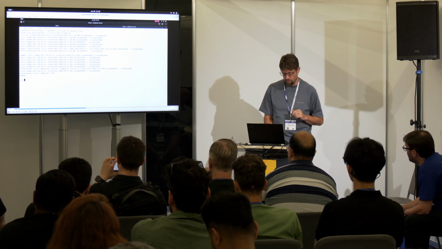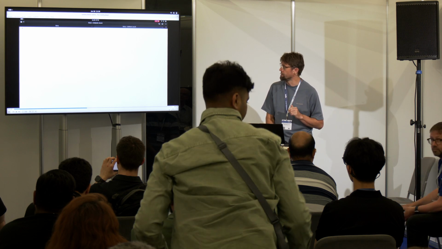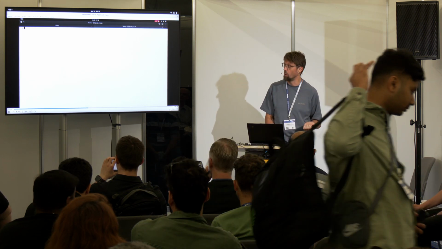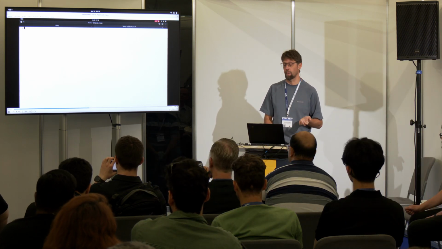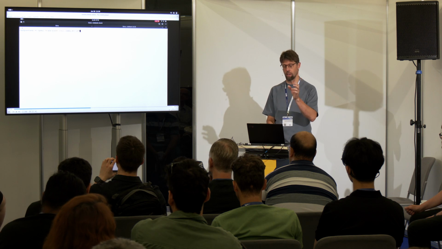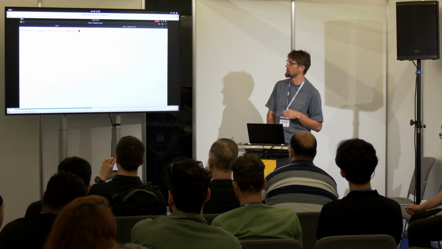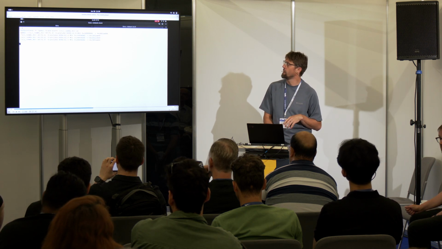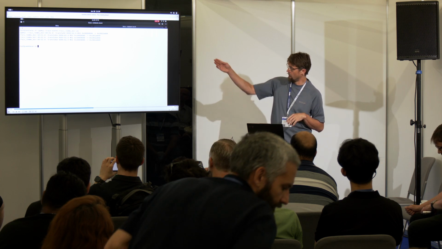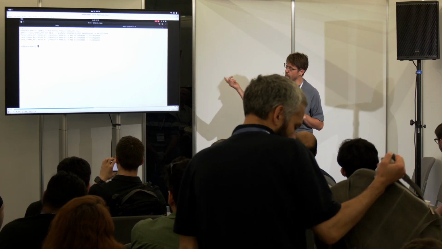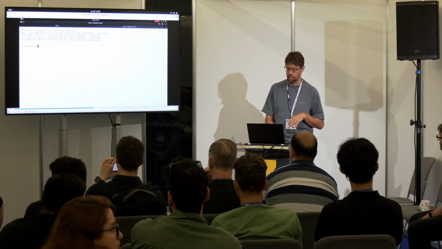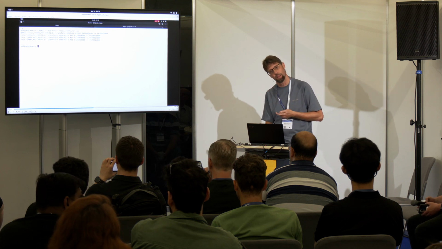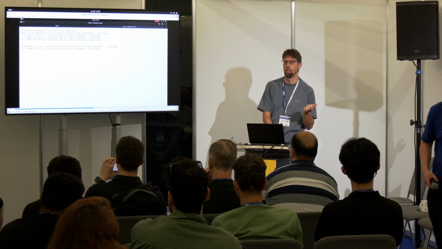OK, but we also said, what about migration? So with migration, we would expect these traces to have the same address on the left-hand side, the guest addresses, which is what we see there. And on the right-hand side, we're going to see those host addresses again, but we would expect them to be changing because we're migrating the VCPUs.